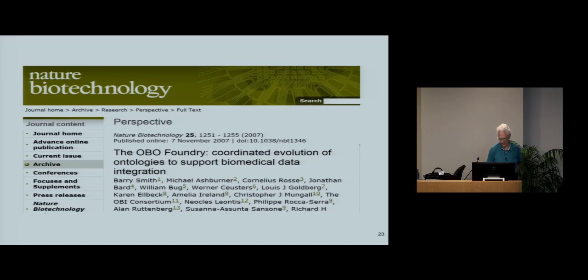Cornelius Ross is a great ontologist of anatomy. And there are some more authors, so you can see that ontology goes hand in hand very often with multi-authored papers, because ontology is part of science, where philosophy goes hand in hand with single-authored papers, and I won't explain the reason for that.